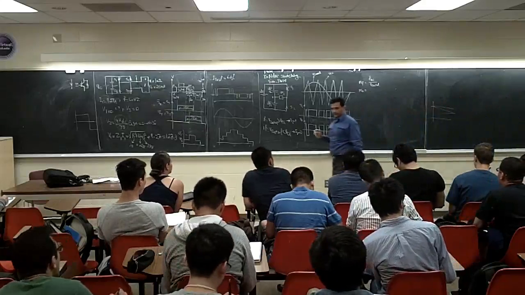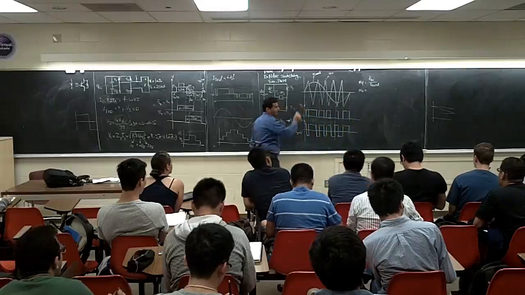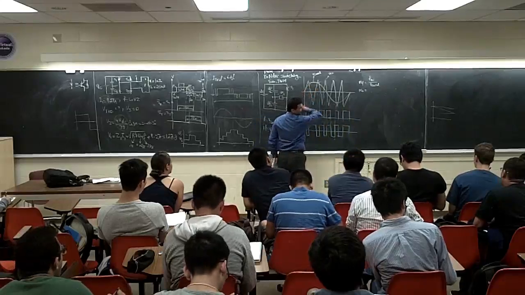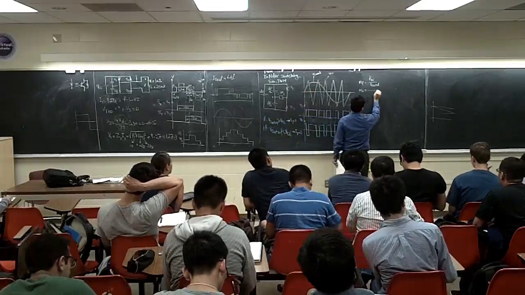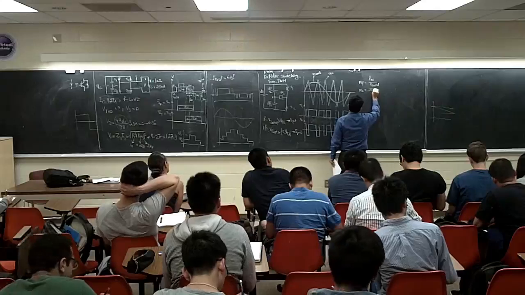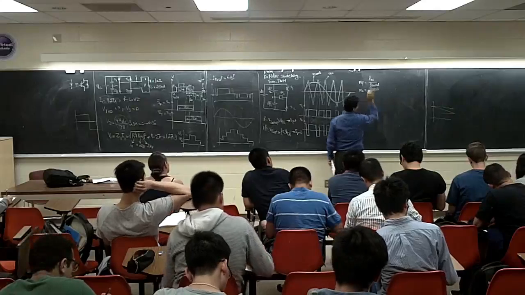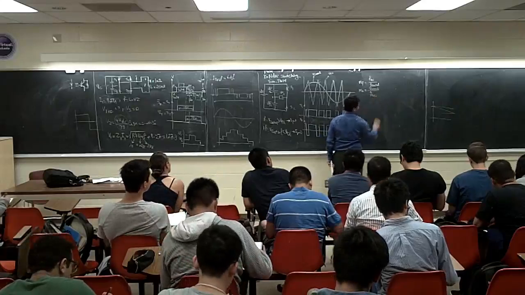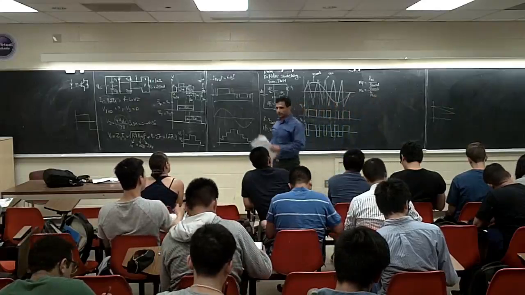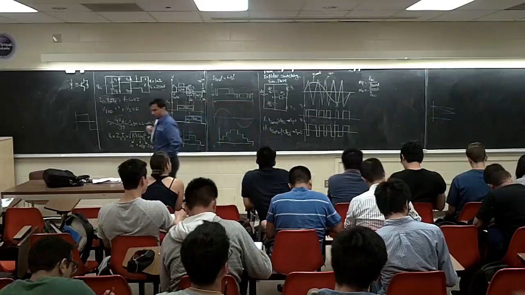What is MA? Look at here. There's a maximum here and maximum here, right? MA is defined as V control hat, the maximum of the V control, over the maximum of V_tri. MA is called modulation index.